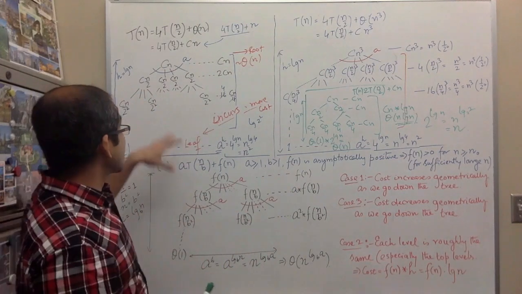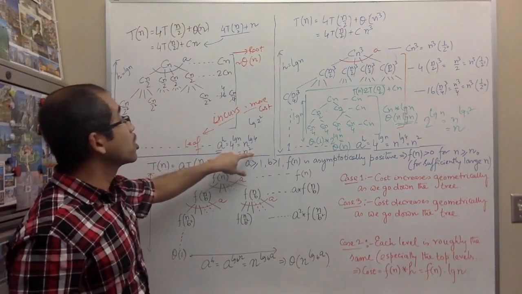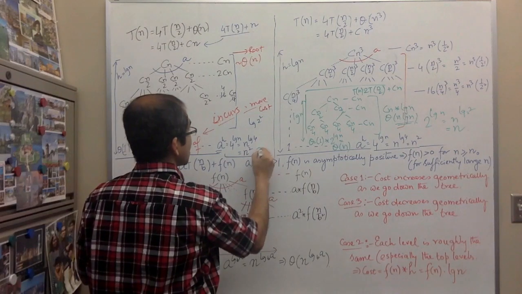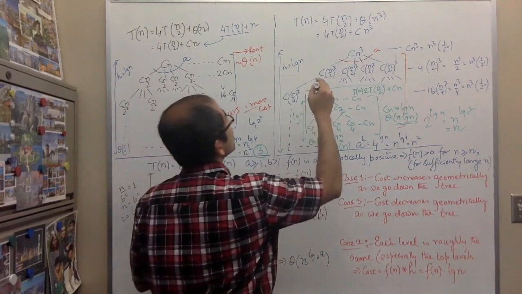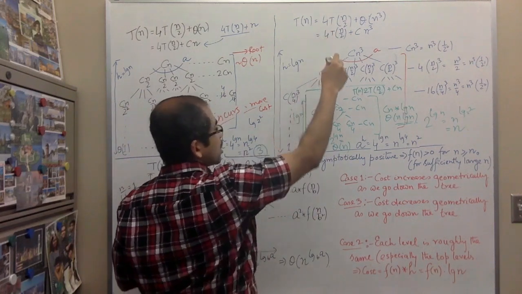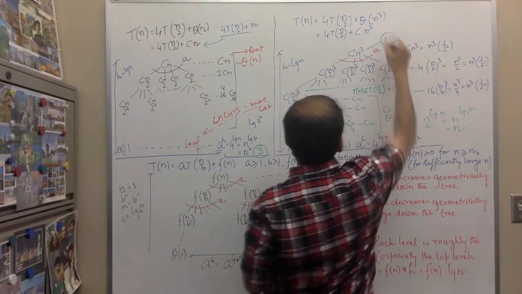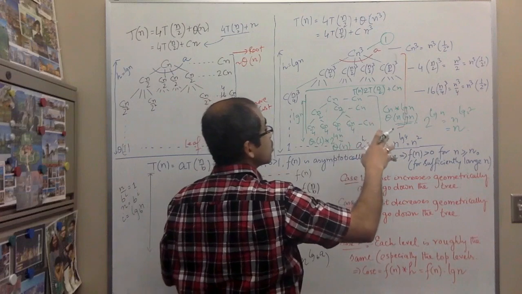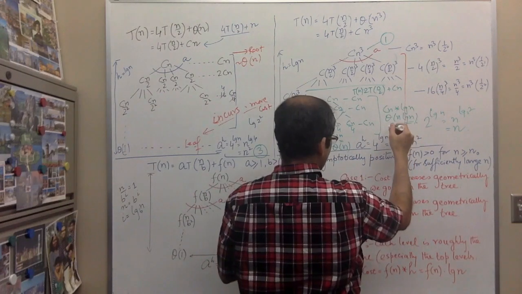So there are three cases. One is where the leaf level contributes more, suppose this is case 3. Consider this problem where the root level contributes more as case 1, and this one where every level contributes almost equal cost as case 2.